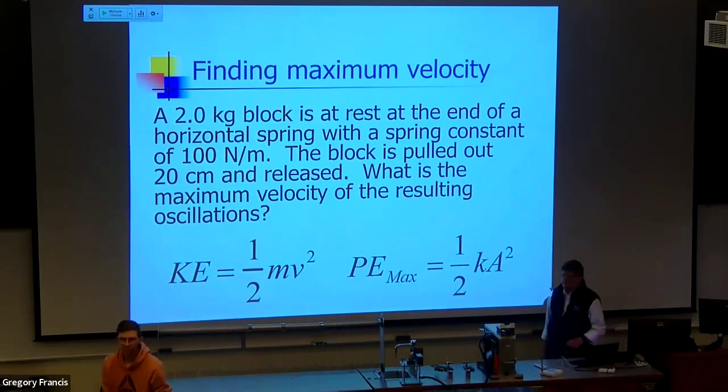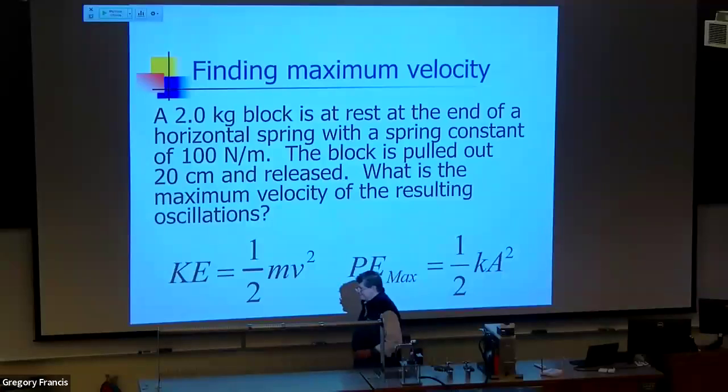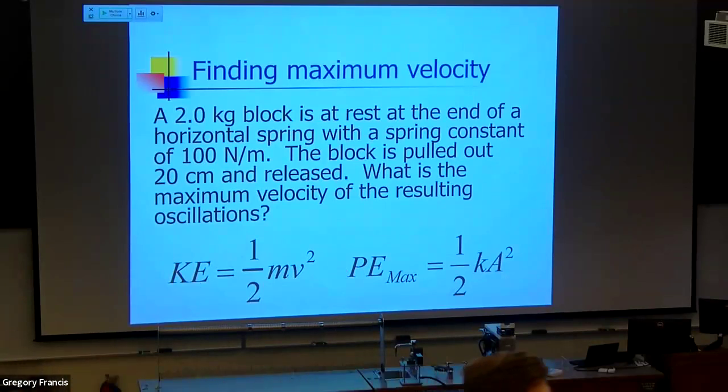I'm trying to figure out what my neighbor is. Now you're set. Potential energy, the first part of it.